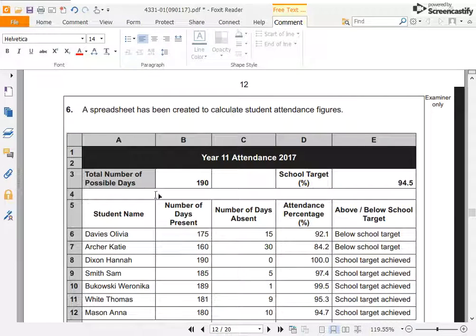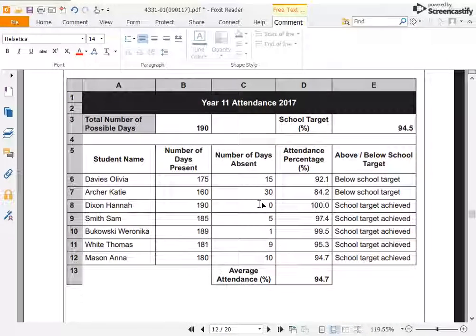Okay, next up, spreadsheets, my favourite. And number 6, a spreadsheet has been created to calculate student attendance figures. What I tend to do is have a good look at the spreadsheet to see if I can understand it first. The total number of possible days is 190. The school target is 94.5, that's a percentage.